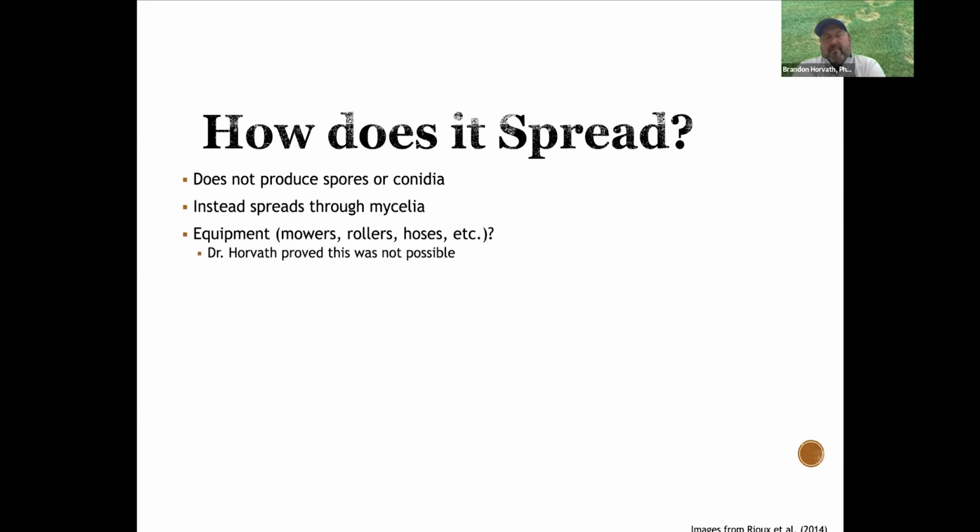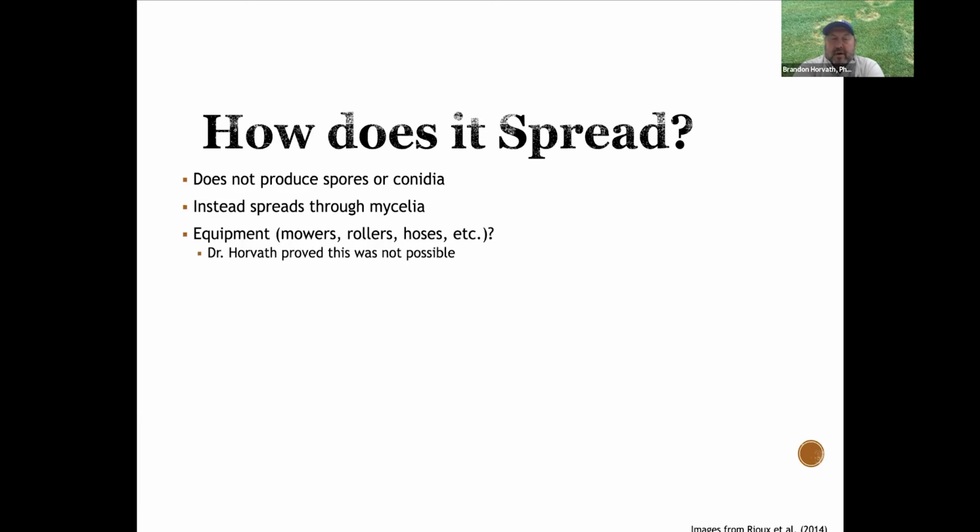And so the best hypothesis, and we know that we do this when we establish a new study area, is that we'll allow some dollar spot to develop, we'll collect the infected clippings and we'll spread them around. And so that's basically spreading the mycelia, the body of the fungus, from one location to another. That's pretty much how it spreads, and that's the best explanation that we have for how it spreads today.